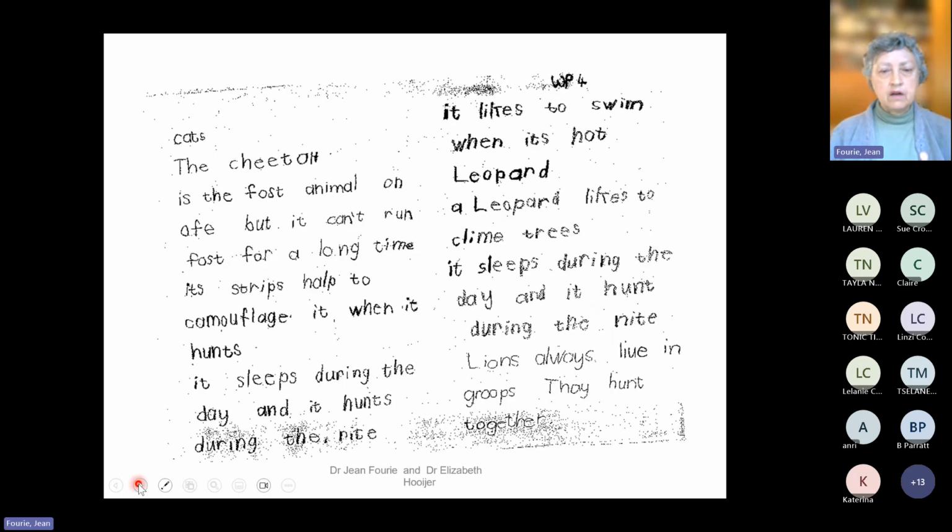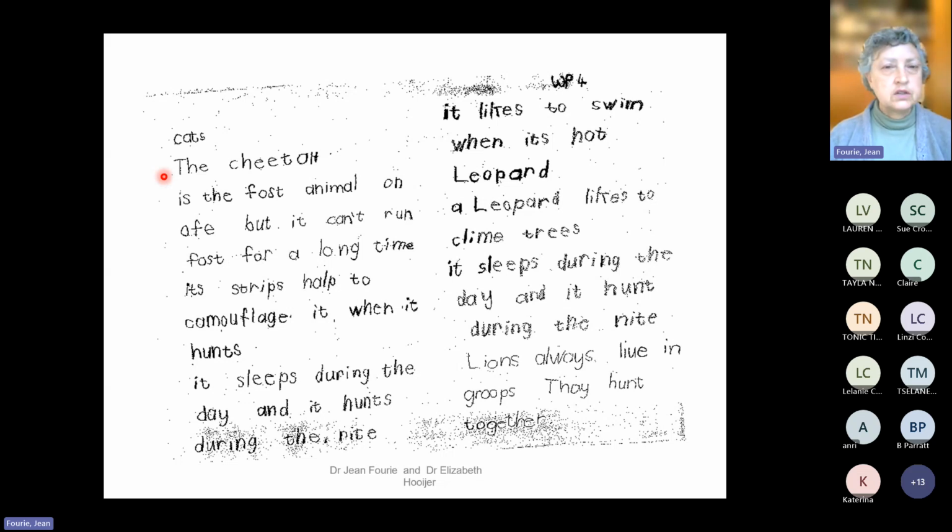Okay, so here's our first draft, and I'm going to read it with you. So we are writing about the big cats, and the child put the heading cats, and we have our page with the brainstormed sheets that I showed earlier next to us, and we are looking at that and we're deciding what we're going to write about first.